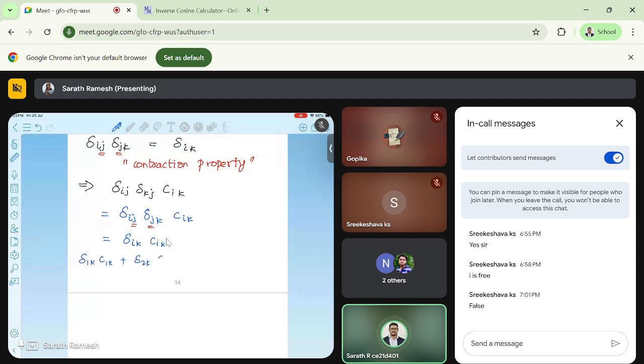For k equal to 1, the second and third terms will become 0. It will become c11. For k equal to 2, the first and third terms will become 0. So it will become c22. For k equal to 3, again it will become c33. So what is this then? Can someone tell?